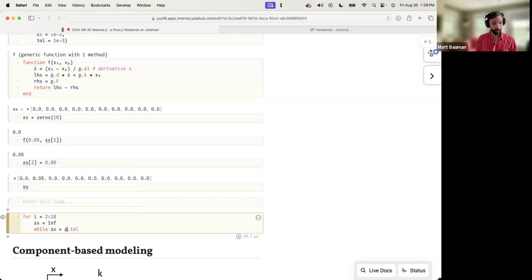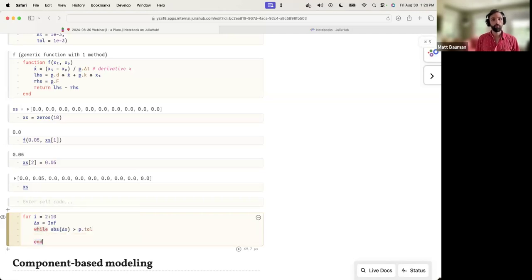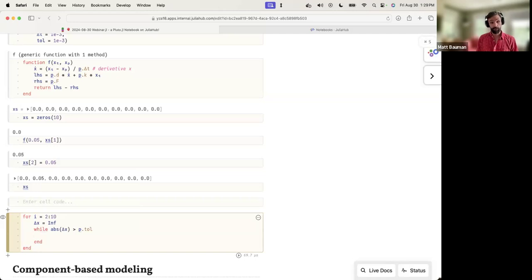While we're greater than our tolerance, we want this to be the absolute value, right? We want to optimize it, right? So how do we change what our current guess is? So we have, x of i is our current value. So we have x's of 2, right, is going to be, that's accurate. We already found that one to have our force balanced, but how do we balance all the others, right?